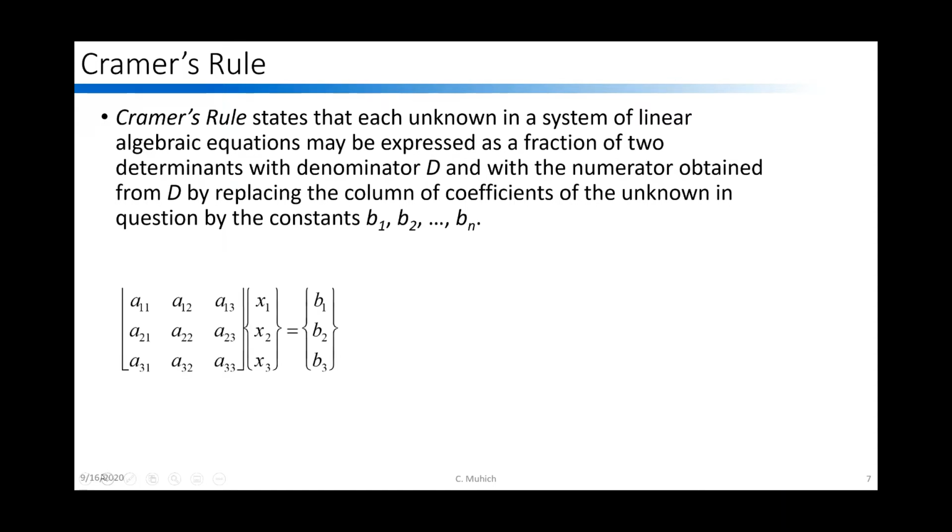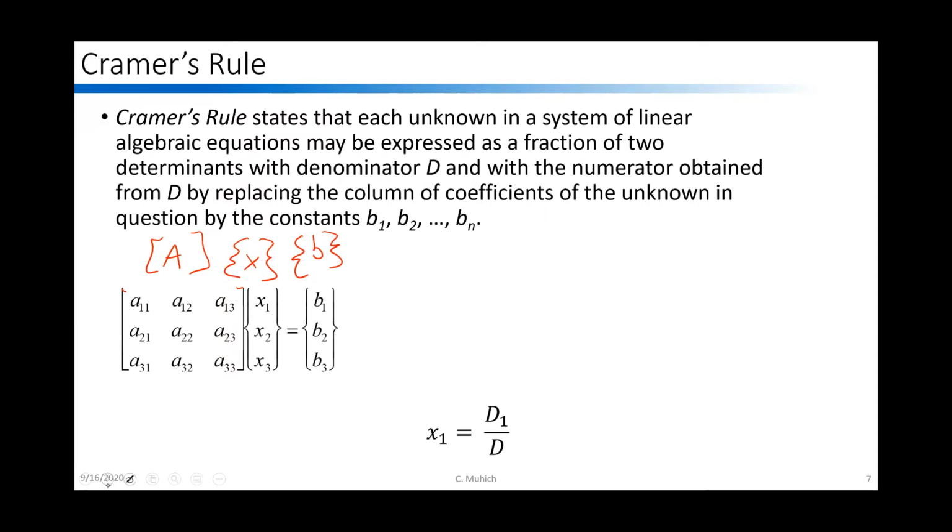So let's take a matrix, say matrix A. We have our vector x and our vector b. And what Cramer's rule states is we're going to need to take a ratio of two determinants.